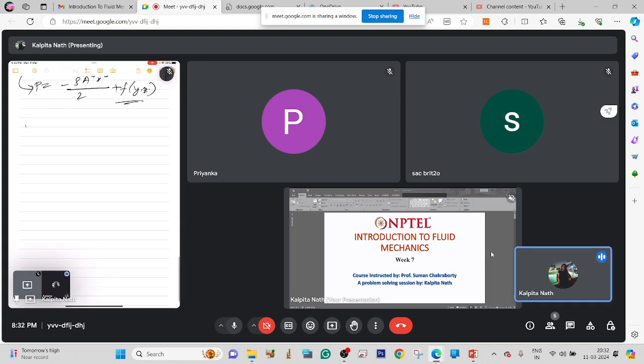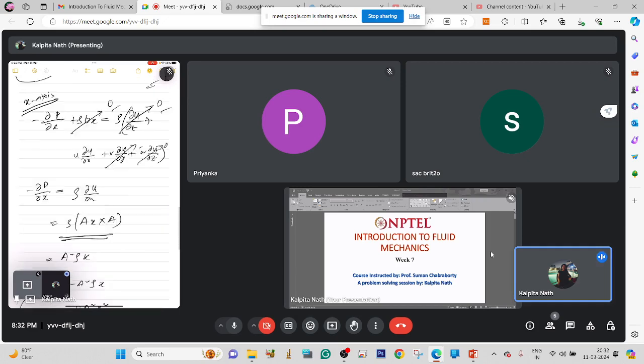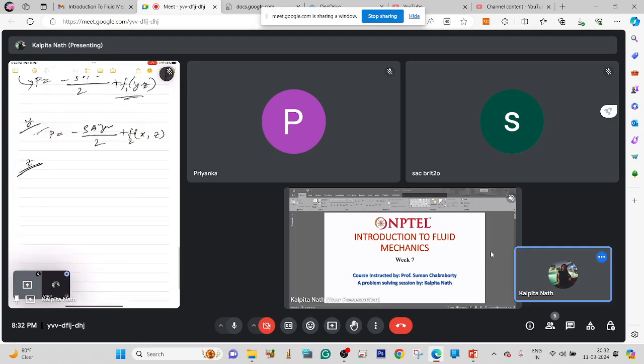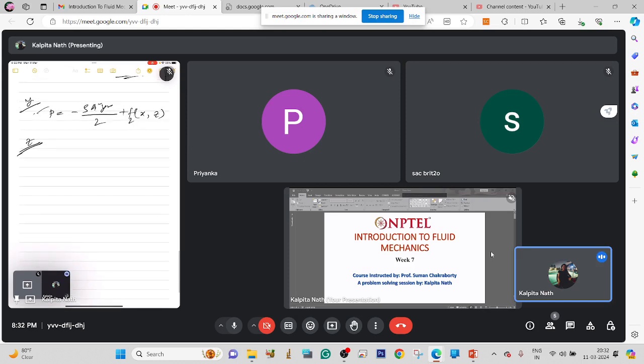Similarly for the y axis, p is equal to minus rho a square y square upon 2 plus some function, like if this is f1, this is f2, a function of x, z, because this is in the y direction. Now for the z direction, we can see there is no component of velocity along z direction. So the u del w del x part and the others will be wholly omitted.